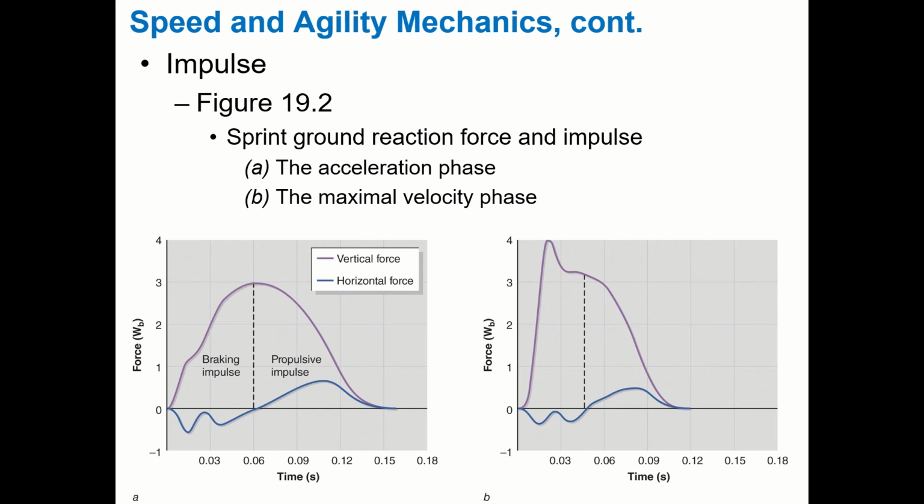So that's 30 meters or 30 yards into the run. What you're going to see here is total ground contact time, in this case a tenth of a second. On this side we have the braking side, and this side we have the propulsive or acceleration side.